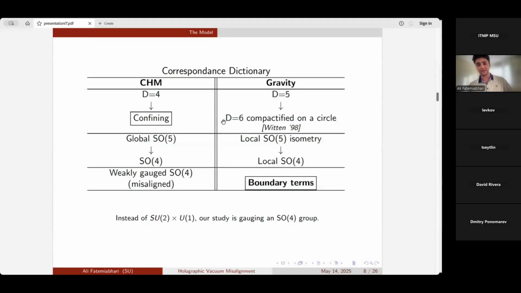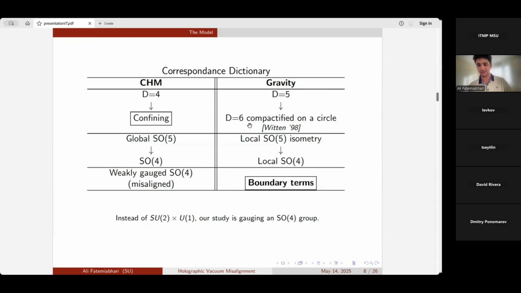One of the easiest ways to achieve this is starting from a gravity from 1 dimension higher, a 6-dimensional gravity, and compactifying it on a circle, and choosing the specific solution in which this circle shrinks smoothly to 0 size, depending on the radial coordinate of the AdS space.